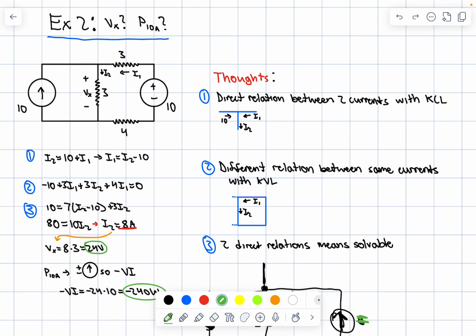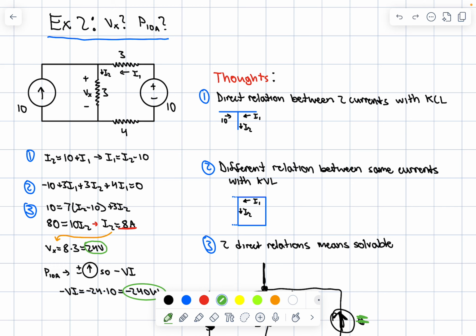Obviously, if I could find Vx directly, that'd be fantastic. I never specified, this problem asks you to find Vx, which is across this 3 ohm resistor, and to find the power associated with this 10 amp source over here. But it doesn't look like I can find Vx directly.